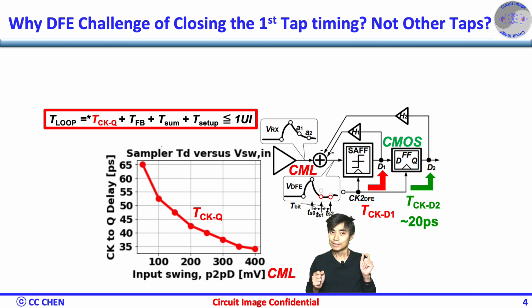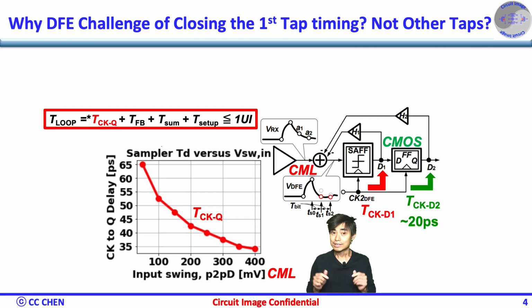So, the second tap delay will be only 20 picoseconds. Since the second sampler's input swing is at 1 volt digital level, the critical timing is at the first tap. Another image for you is that the first sampler needs to take the tiny input swing to convert or regenerate the full swing by the positive feedback.